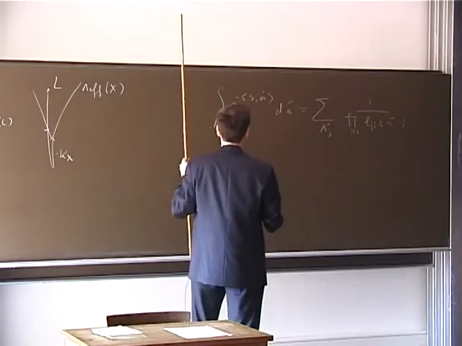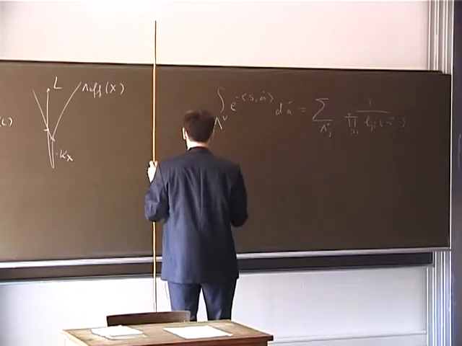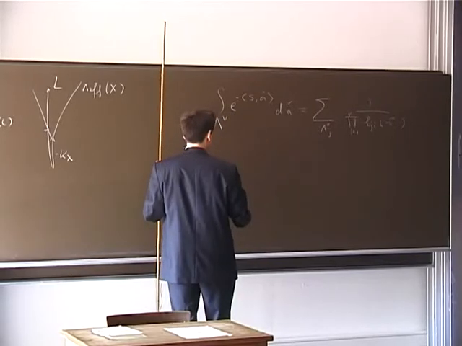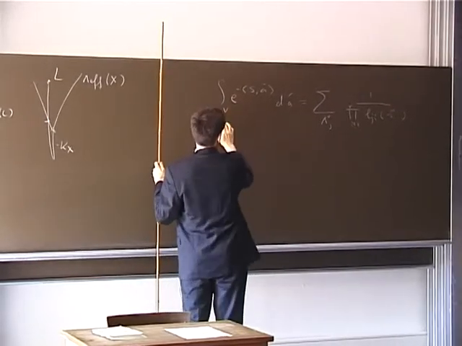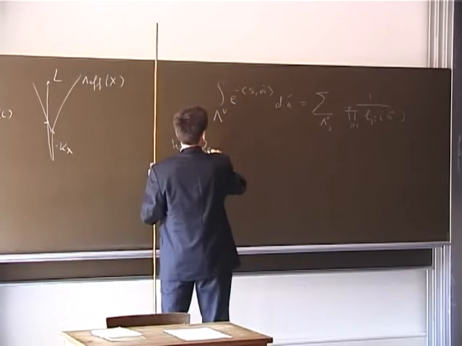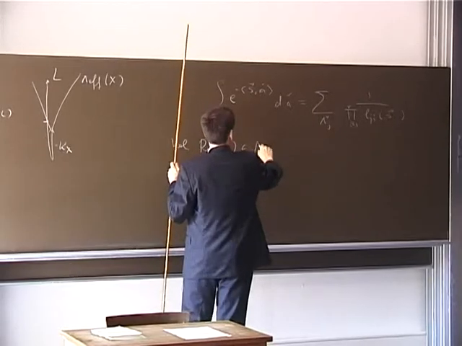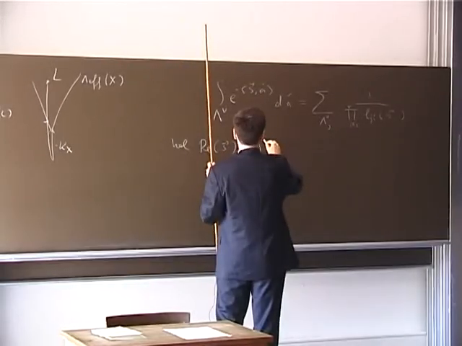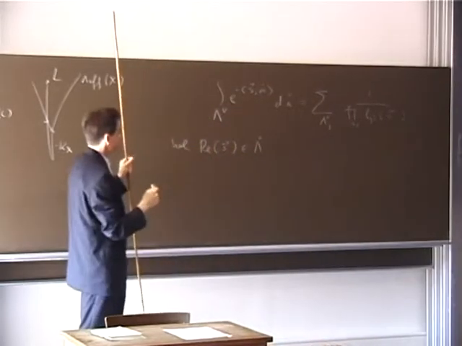So what happens is that a priori we know that this function, just by the definition, is holomorphic for real part of s in the interior of the original cone we started out with.